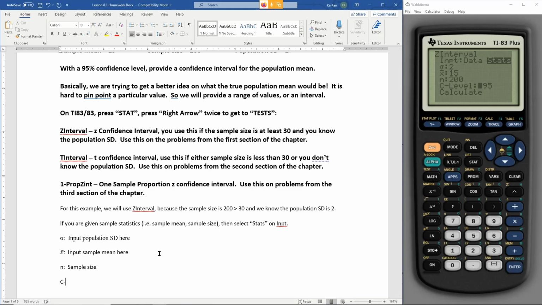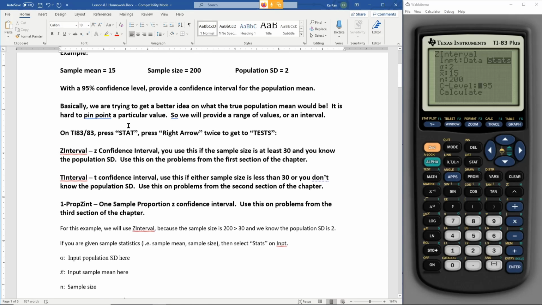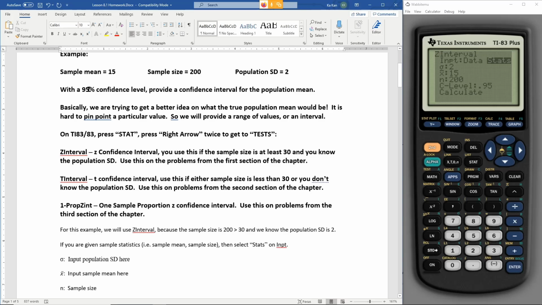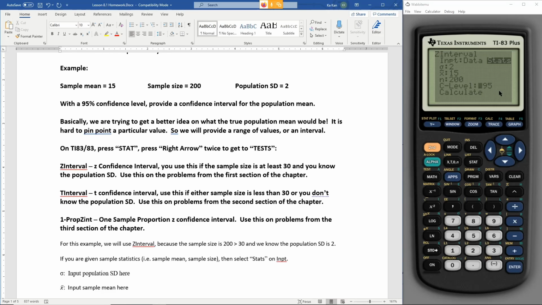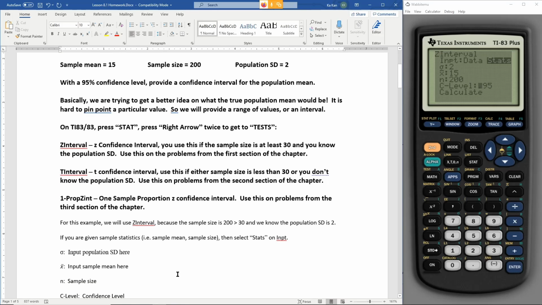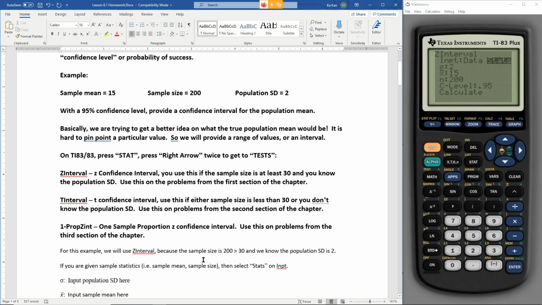C level is the confidence level. This is something that people have to give you. In our case, we said 95%. So if it's 95%, you have to put 0.95. Make sure you convert the percentage to a decimal number. So calculate.